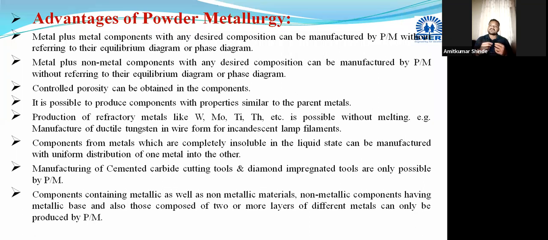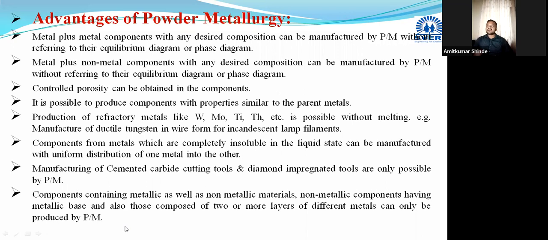We can use their powder particles to get a uniform distribution of one metal into another metal, and we can manufacture the desired component. And then some very hard materials are there, that is, carbide cutting tools, cemented carbide cutting tools, or diamond impregnated tools. This manufacturing can only be done with the help of the powder metallurgy technique.